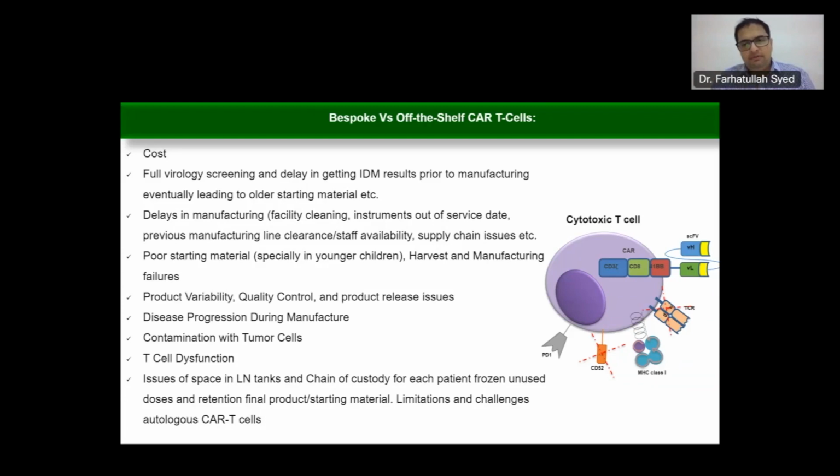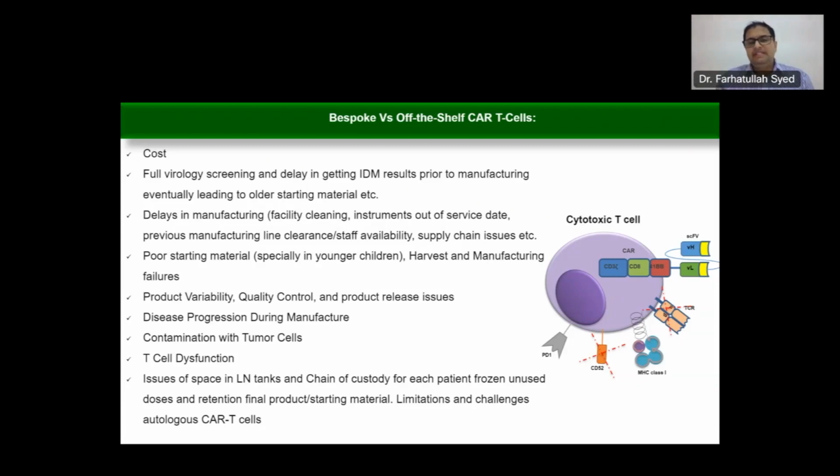However, for making off-the-shelf CAR T cells, there are some other barriers, such as graft versus host disease. So for off-the-shelf CAR T cells, you are taking healthy donor T cells and trying to engineer them for expression of CAR, for example, CAR19. But how do you get rid of graft versus host?